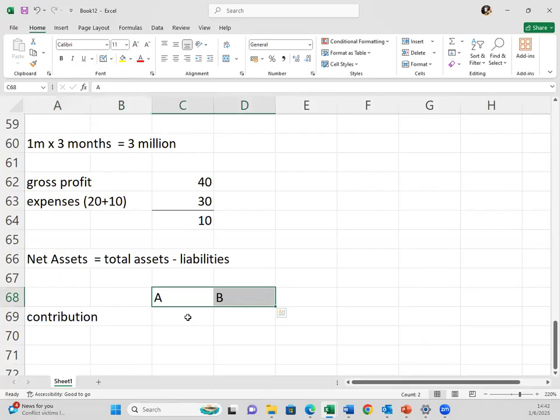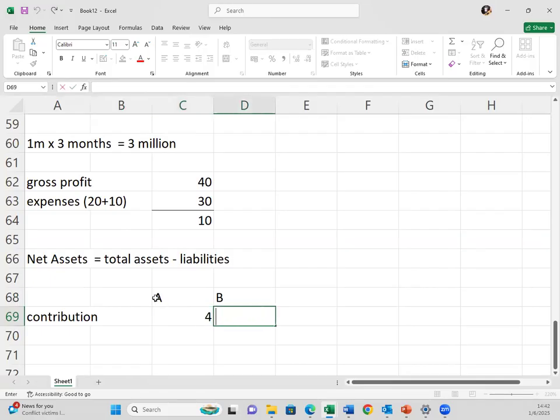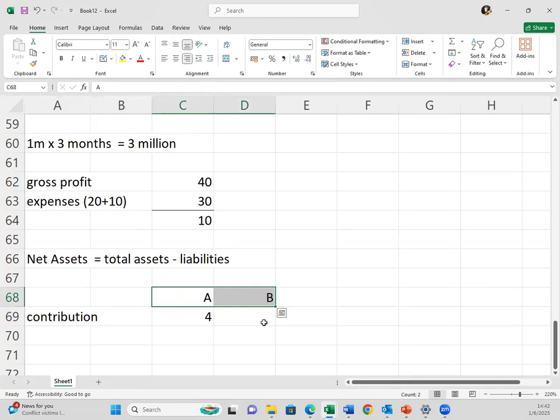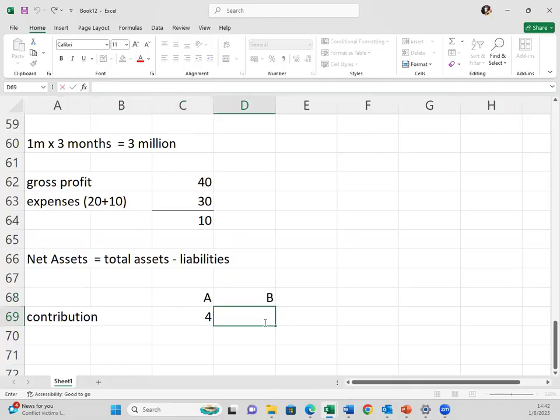Product A was giving us a profit of $4 per unit, then product B a profit of $6 per unit.